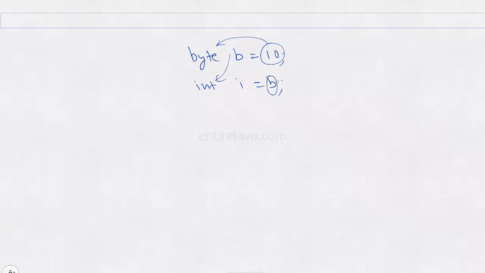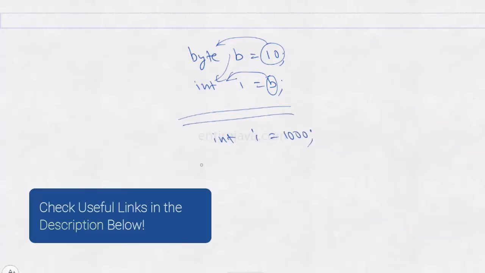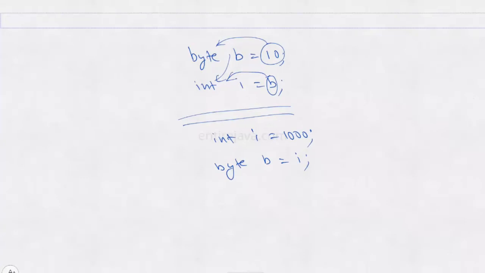It will convert this byte to data type int, as there is no loss of magnitude or loss of data. But when we try to do it the other way, for example, int I equals 1000, byte b equals I, the compiler will complain to the programmer because Java cannot convert an int value to byte without the loss of data.